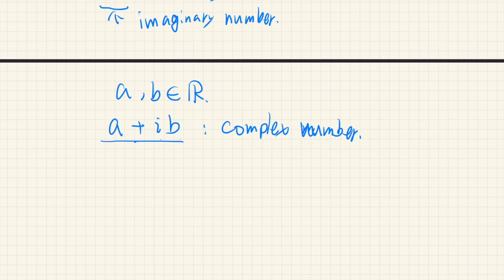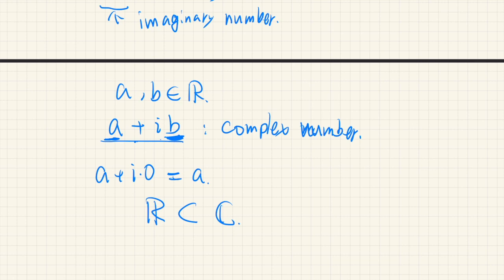Here b is the imaginary part and a is the real part. If the imaginary part b is 0, then a plus i0 can be identified with the real number a. So in this sense, the set of real numbers is a subset of the set of complex numbers.